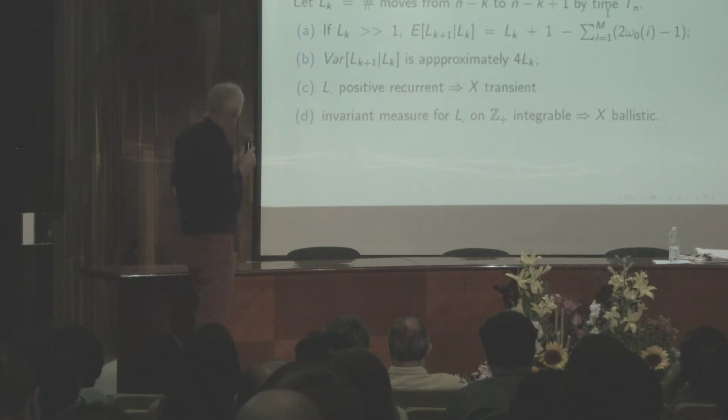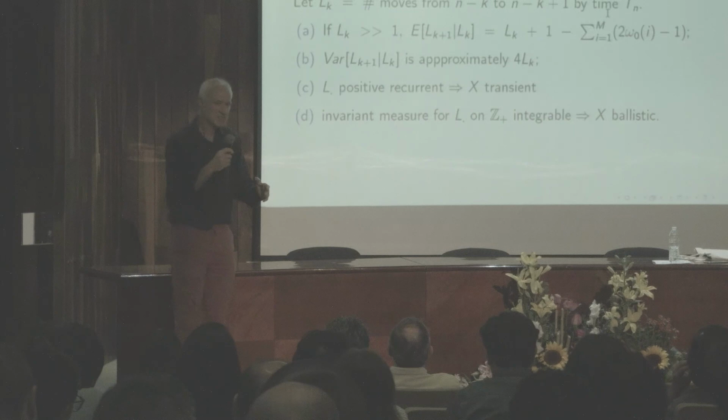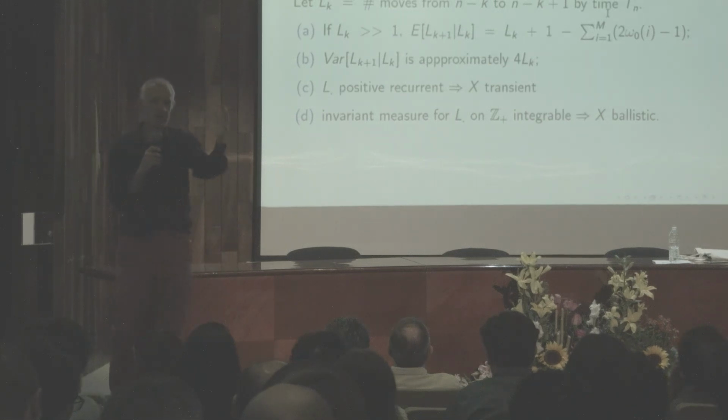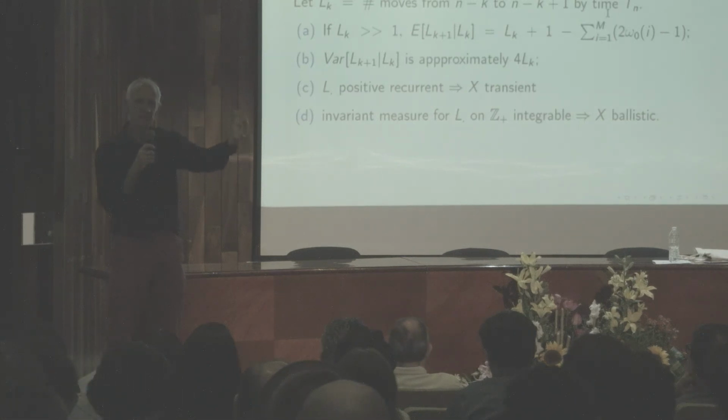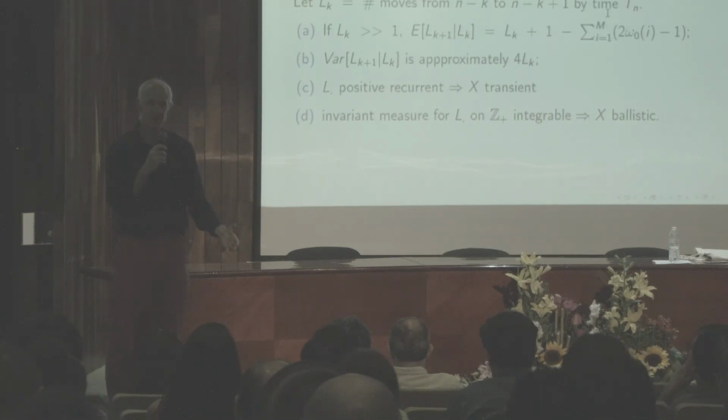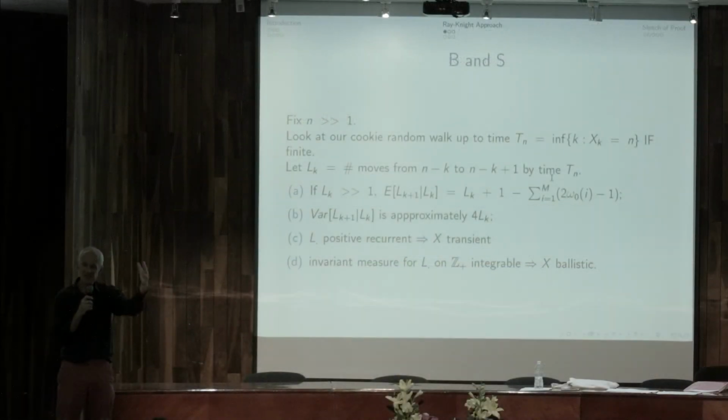And the idea, I think a genius idea, going back to Ray and Knight, is just that if I know that from 10 along from the maximum, n, I have gone from 10 along to 9 along 20 times, then I know, actually, even though I'm saying I've gone from this site that's 10 along to 9 along, I know nothing about the Markov chain at the site 10 along.